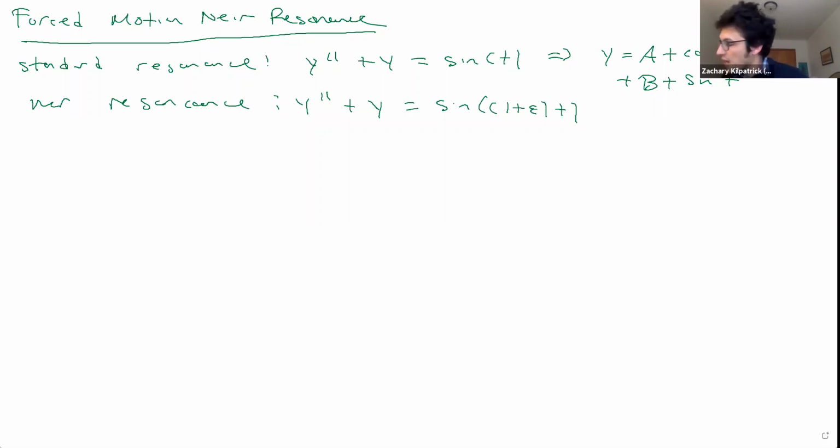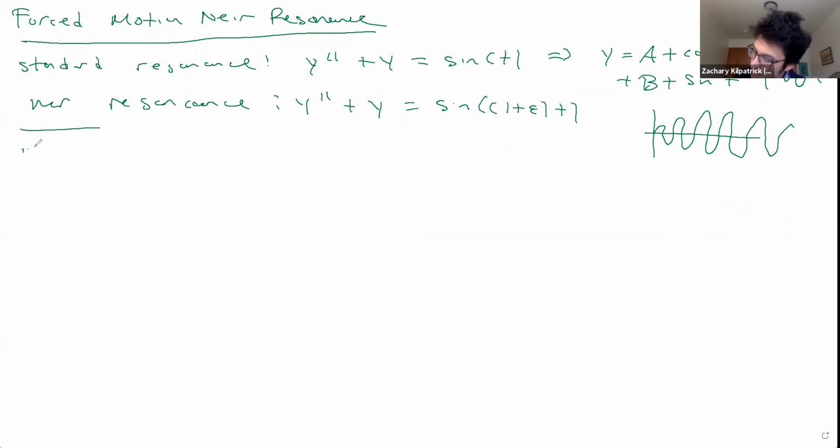So rather than something that builds up over time, maybe your solutions will grow to some value and sort of remain at some high amplitude, but you're not going to continuously inject energy into the system that's going to cause the amplitude to grow.